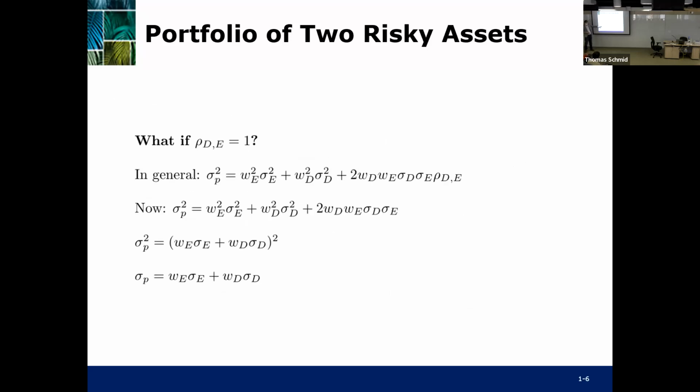Okay? Clear? And now it's also absolutely clear, and you don't have to memorize stuff, you just have to understand that. You don't need a negative correlation to achieve a diversification benefit. As soon as the correlation coefficient here is not 1, this expression will be lower, and it will be below the weighted average. Even a 0.99999 correlation between two assets gives you some diversification benefit.